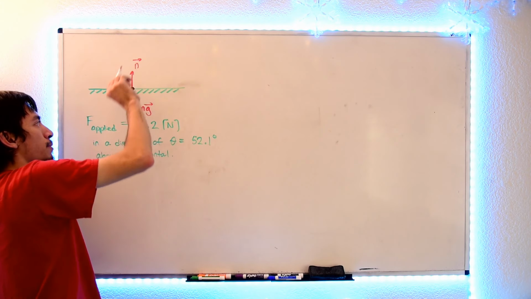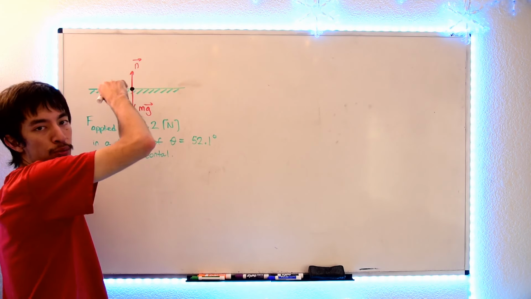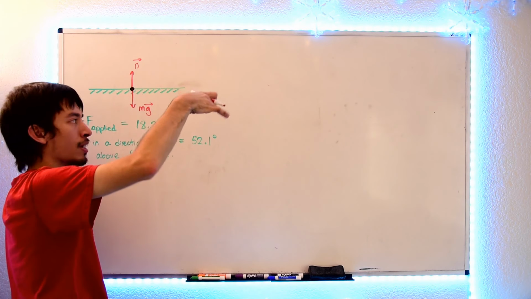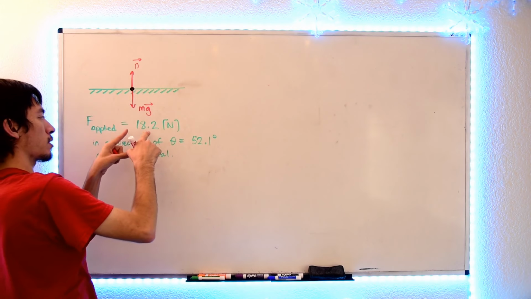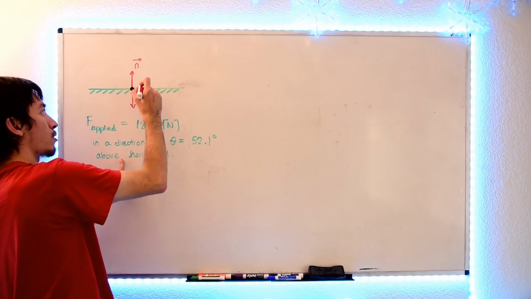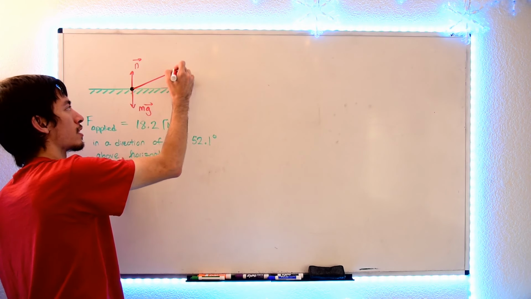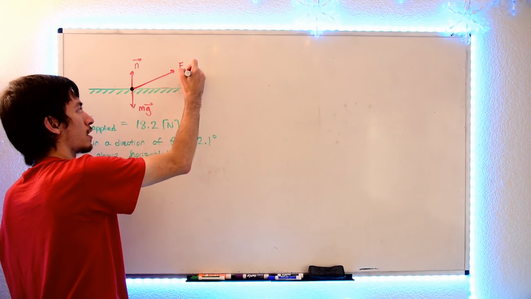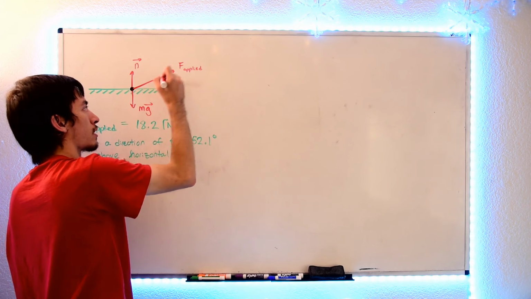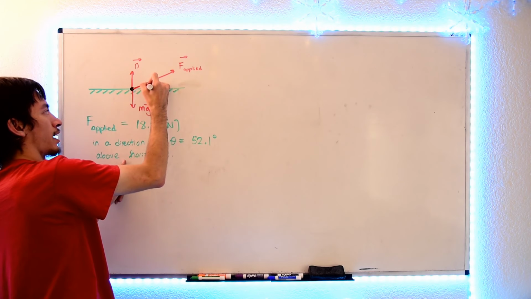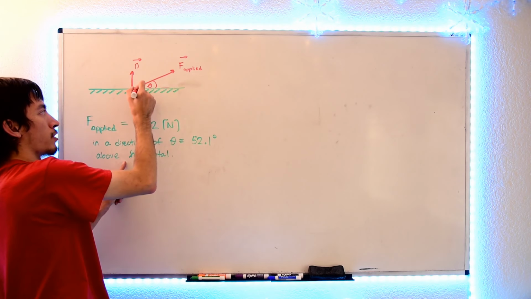In this case, it's up. And let's assume that the cart is being pushed to the right. If that's the case, then the force applied is above the horizontal, so look to the right horizontally, but go at an angle above it. Call this force applied. And the angle theta in here, above the horizontal.